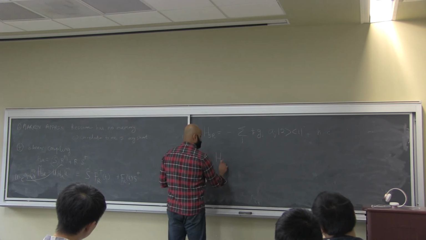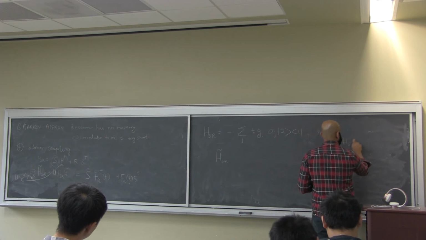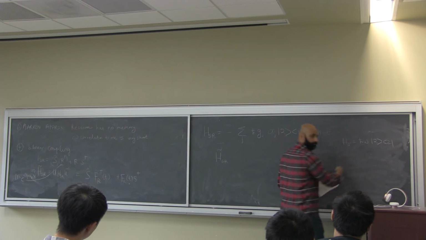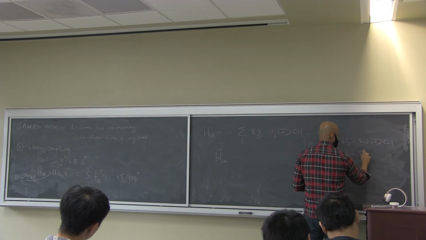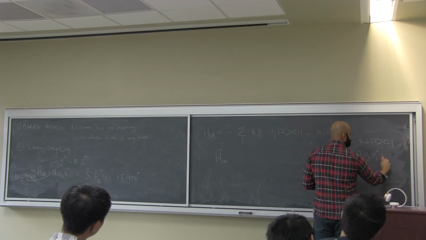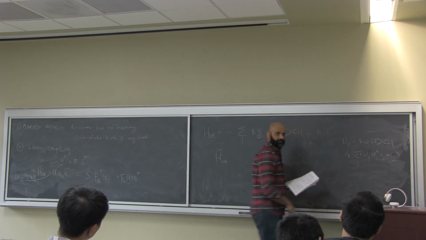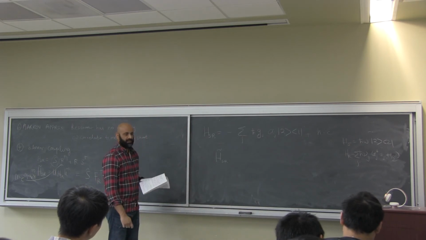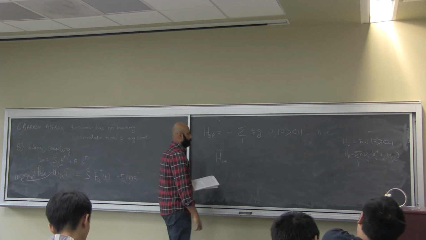Now for the interaction picture HSR, remember the original HS would be h bar omega times the two-state projector. That's the two-level atom. HR is of course h bar nu j, aj dagger aj plus half. This was the original Hamiltonian for a two-level atom interacting with a radiation field. HS is just the energy of the atom, HR is the energy of the electromagnetic modes.